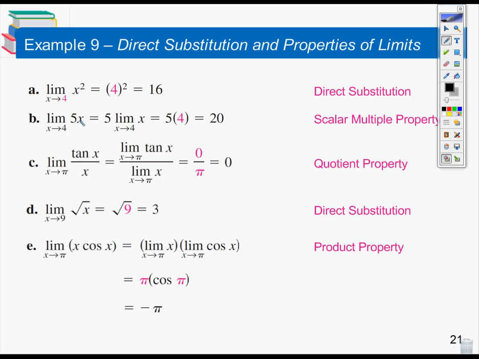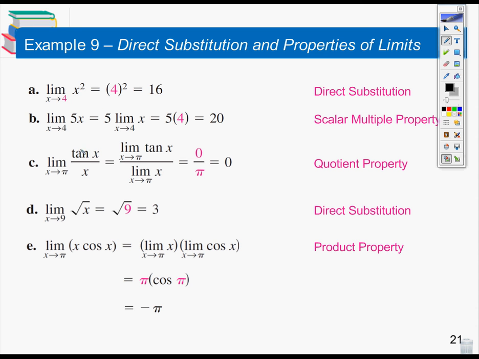Well, I could direct substitute, or I could think of this like two different functions. It's 5, a scalar multiple of the function x. And I know the limit of the function x as x approaches 4 is just a 4. So I can multiply that by 5 and get 20.